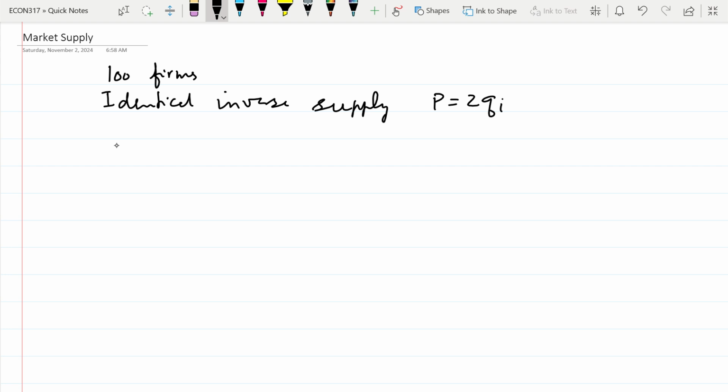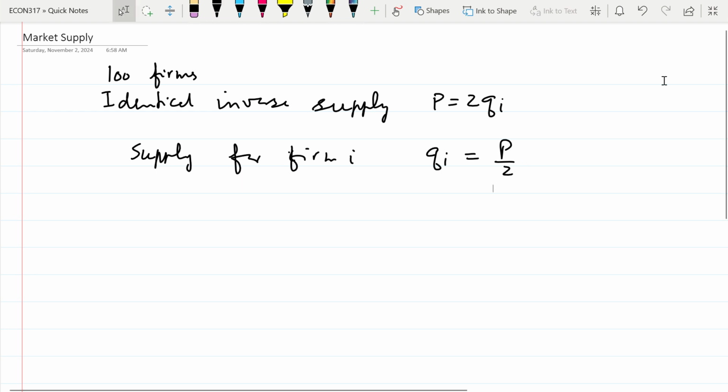So given the individual inverse supply, I will find out the supply for firm i, which could be written as Qi equal to P over 2. I obtained this by dividing both sides by 2.